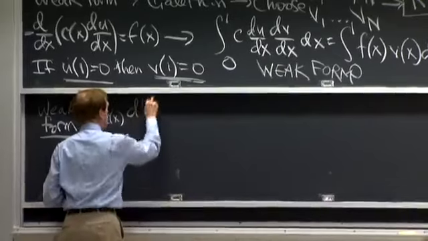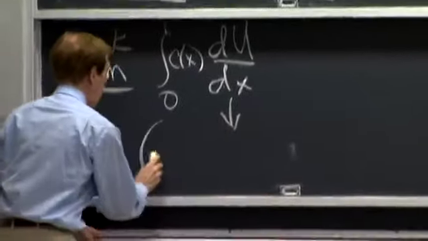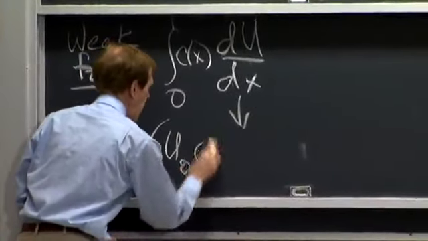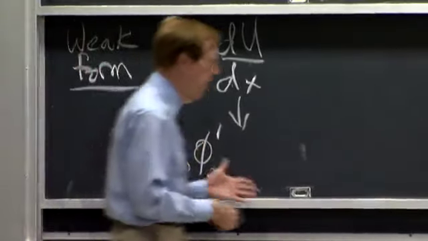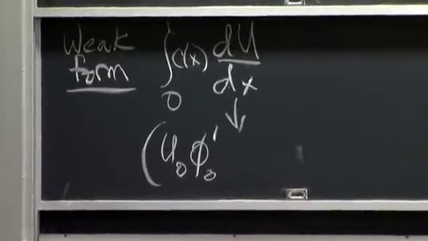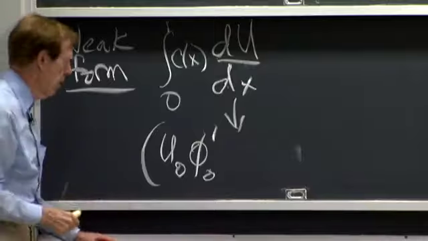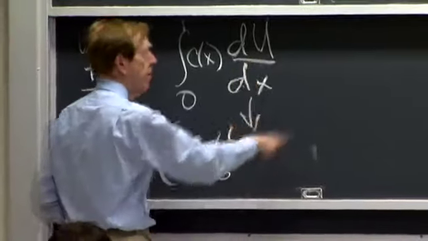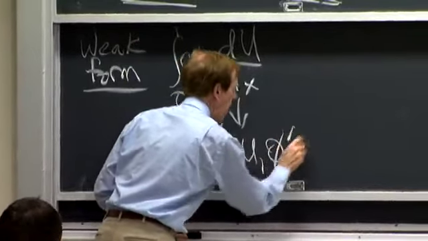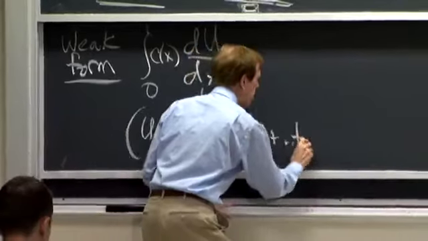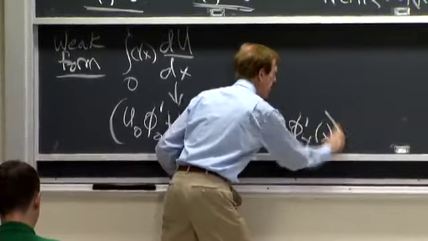And then I'll put down here what it is. It's u0 phi0 prime. Can I use prime for derivative? Just save a little space. So this is the derivative of my guy: u1 phi1 prime of x up to u4 phi4 prime of x. Okay, that's what that term is.